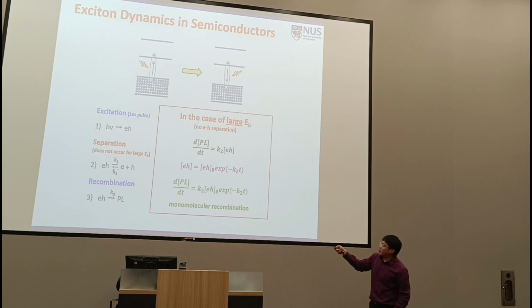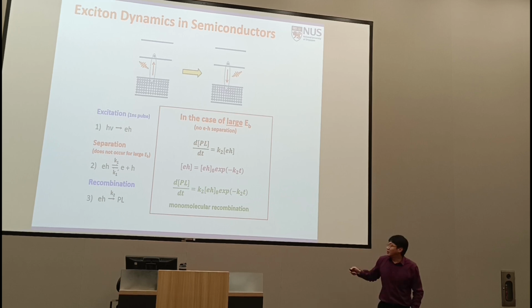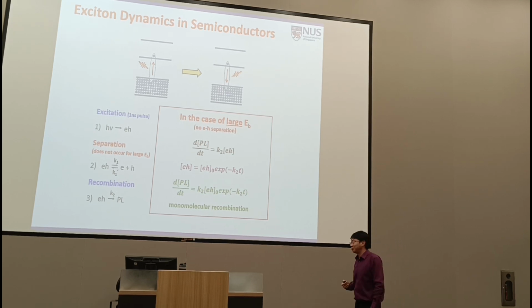So for excitation, I can write light as the starting material, as the reactant, generating excitons. Exciton is the product, light forming exciton. So reactant, product. That's the excitation process.